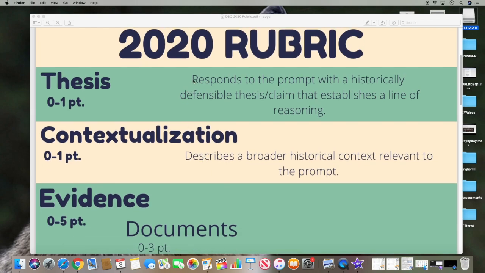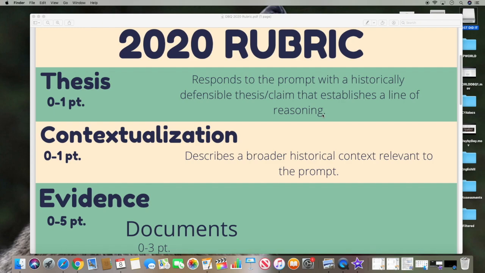The thesis will respond to the prompt with a historically defensible thesis that establishes a line of reasoning. You know how to write these types of thesis statements. It basically just says, this is how I'm answering the question, and this is how I will go about answering it. You have done this 1,000 times with your thesis statements.